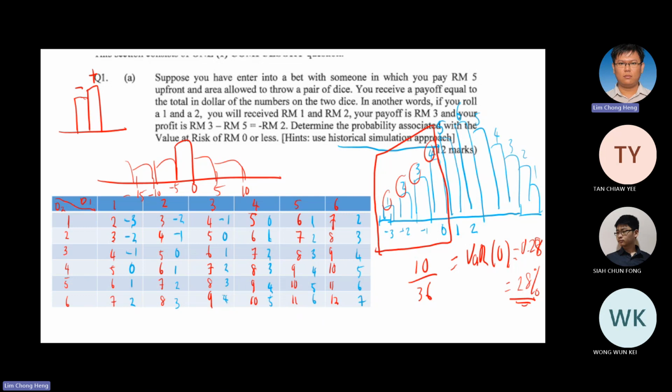For VAR, we just only mention the negative side. So the interpretation just mentioned that how many percent have you lost, like invest in this. Okay, simple.